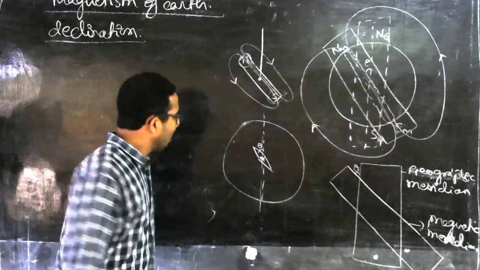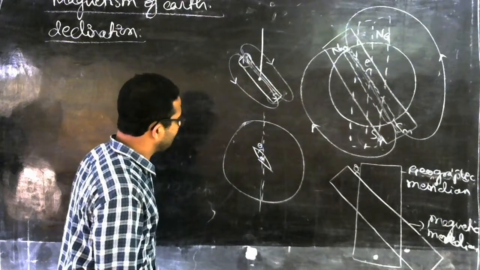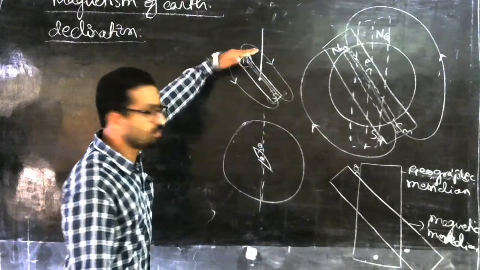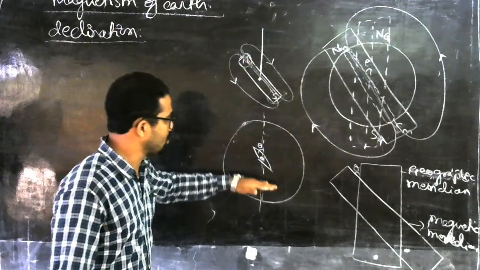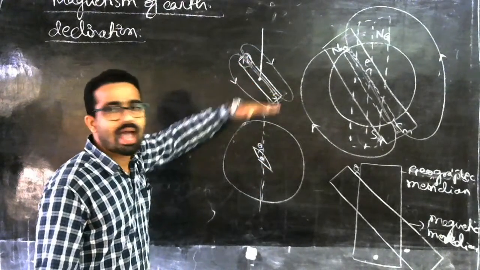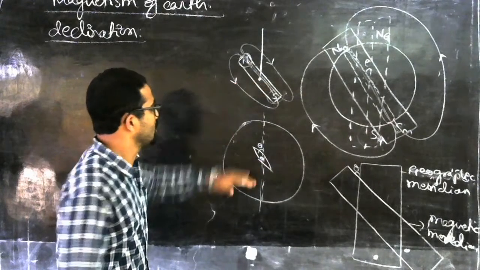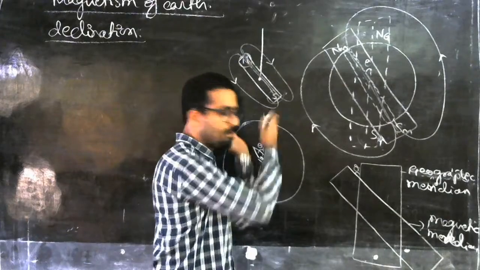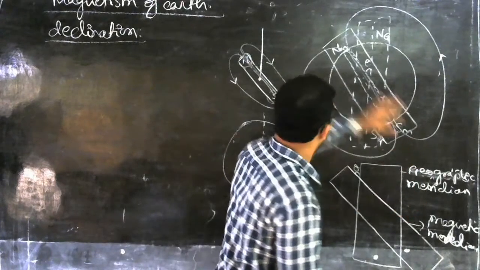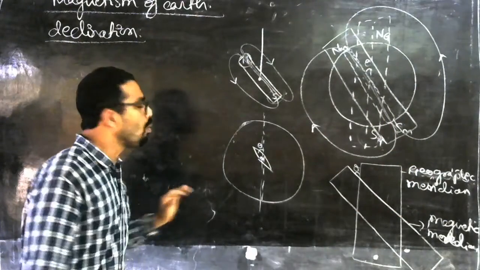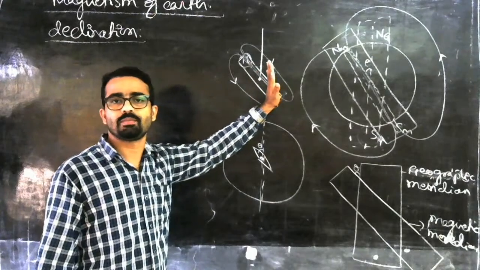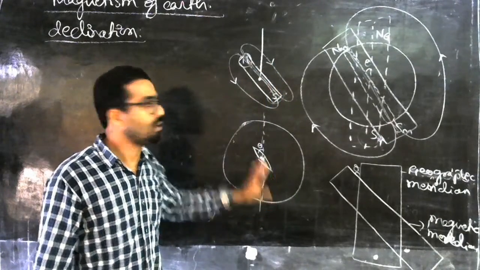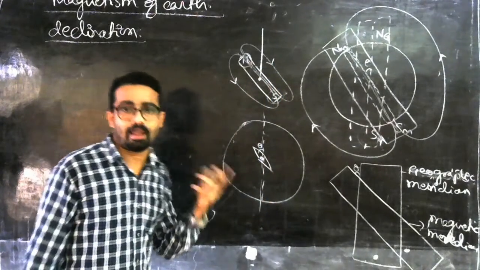And imagine that you are moving upwards, towards the poles. As you move towards the poles, this angle will increase. So the angle of declination will be more at the poles. At the poles, the angle of declination is very high.